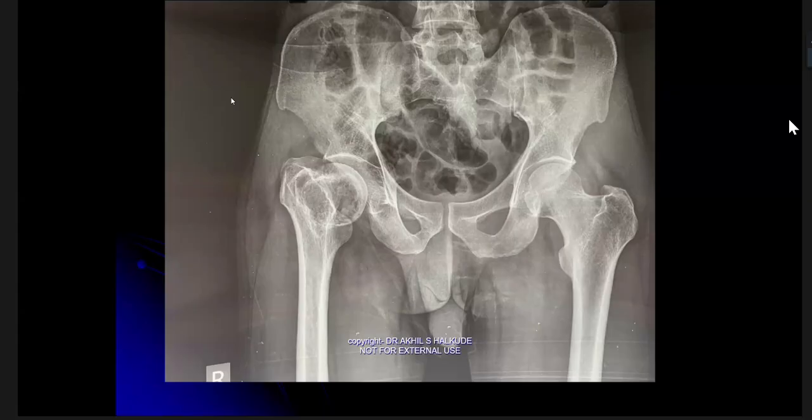There is an intertrochanteric fracture of the right side with superior displacement of the proximal femur, and there is a narrowing of the right hip joint space. And there is osteopenia in the head and the neck region.